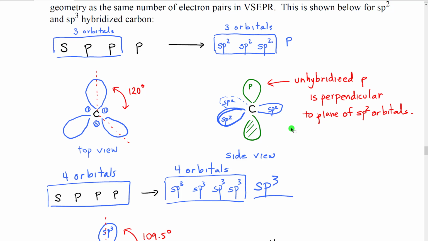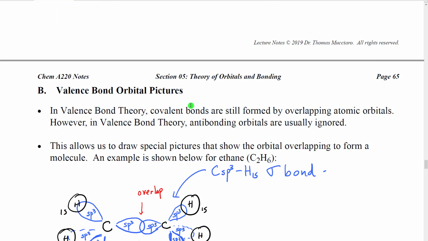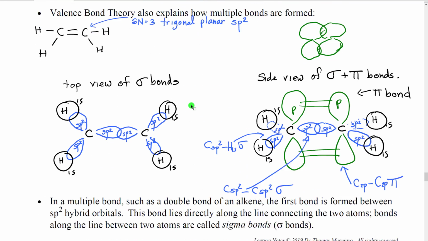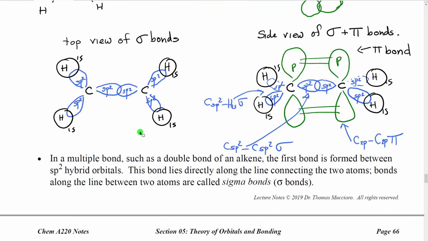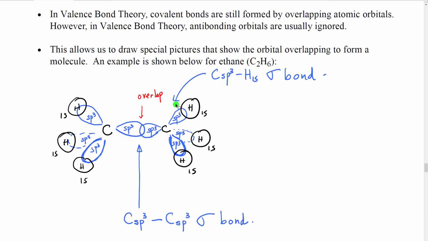In our sp2 hybridized carbon, we have these sp2 hybrid orbitals arranged in a plane 120 degrees apart, and then perpendicular we have a p orbital. So here's what we're going to do. We're going to make sigma bonds, single bonds, using the sp2 hybridized orbitals, the same exact way that we made sigma bonds here.